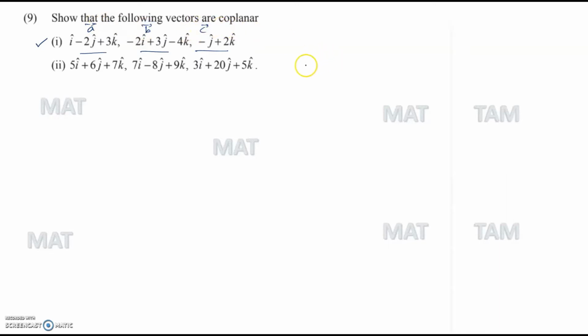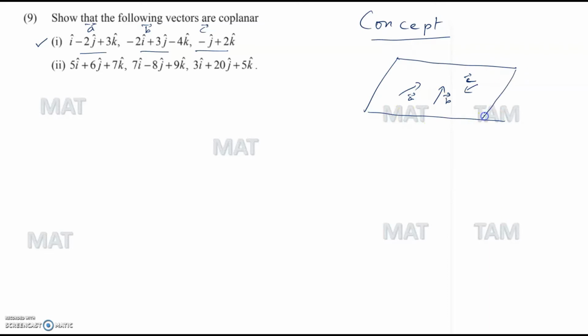To prove that they are coplanar, let me explain the concept behind this. You have three vectors, let's say vector A, vector B, and vector C. We have to prove that they are coplanar, which means they are in a single plane.